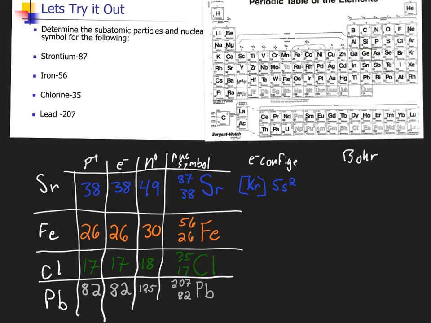For iron, let's do the same type of thing and go with the noble gas configuration. For iron, the previous noble gas is argon.